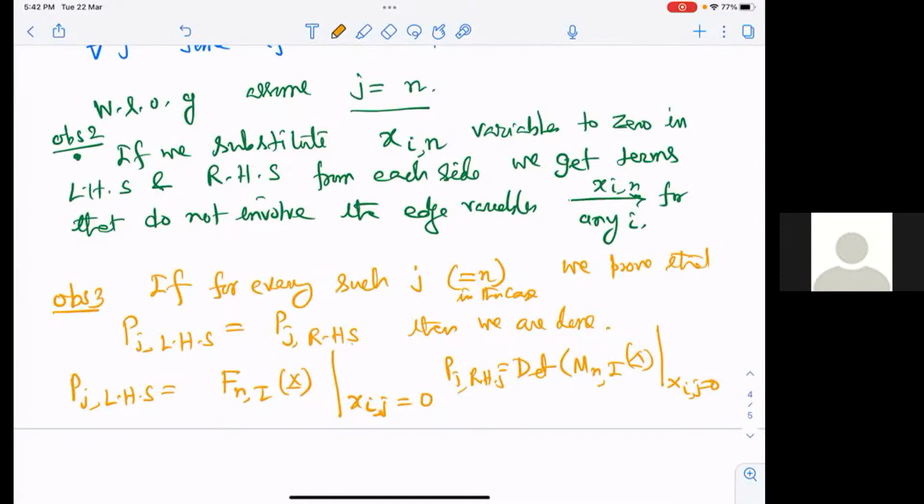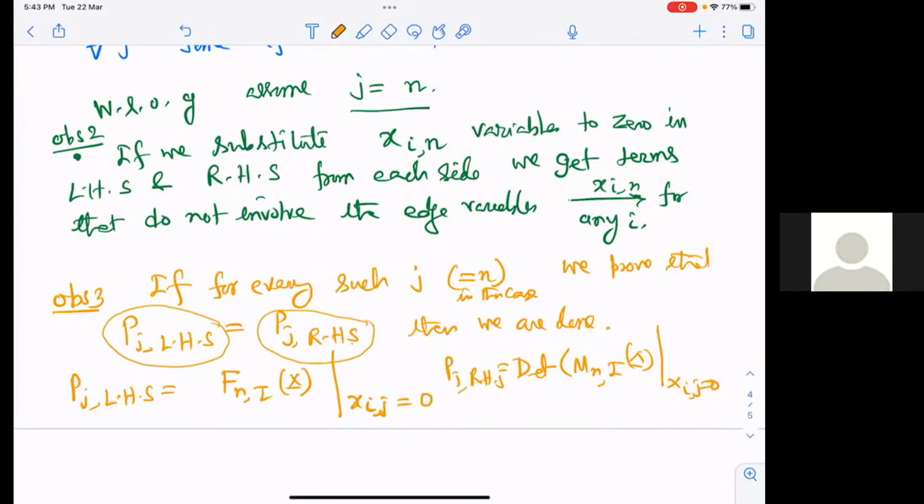So how do I get it? If I plug x i n equal to 0, then the monomials which I am not interested in will disappear. And that polynomial is my polynomial fj LHS. Similarly, I obtain the polynomial fj RHS by plugging the x i n variables to 0 in the right hand side.